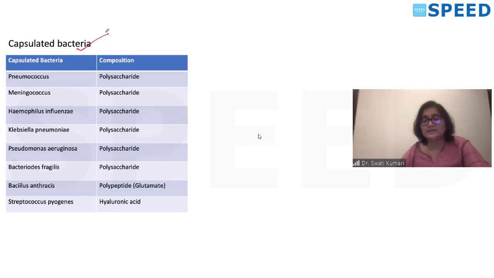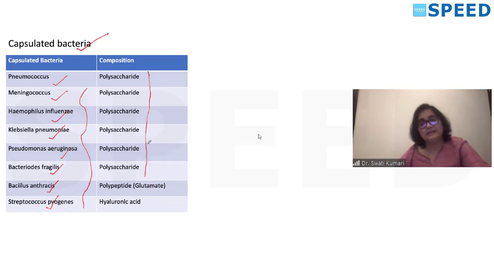Okay. Now, which all are capsulated bacteria? That also has been asked previously. So just remember: pneumococcus, meningococcus, Haemophilus influenzae, Klebsiella pneumoniae, Pseudomonas aeruginosa, Bacteroides fragilis, Bacillus anthracis, Streptococcus pyogenes. So these can be capsulated bacteria. Most of these bacteria, their capsule is polysaccharide in nature.